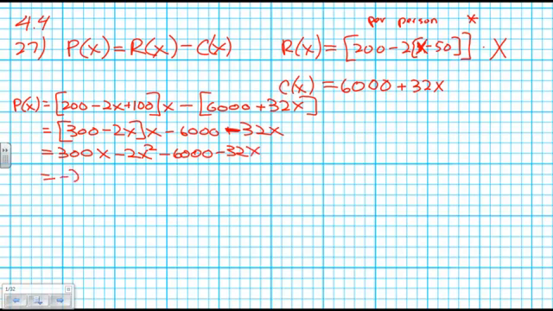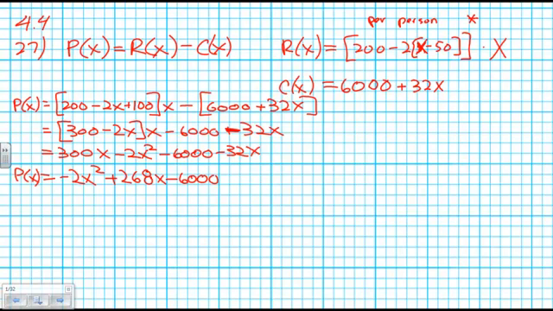How about negative 2x squared plus 268x? Is that all right? Yeah. Minus 6,000. Again, that's my profit.